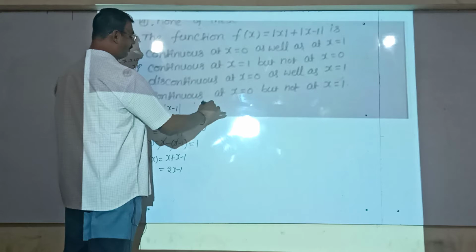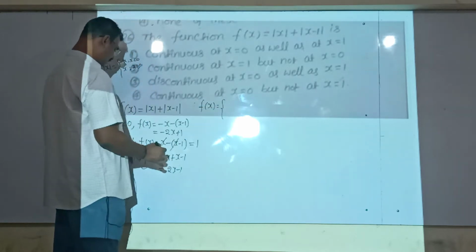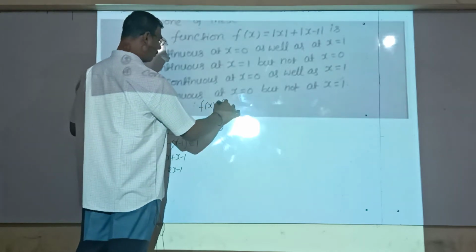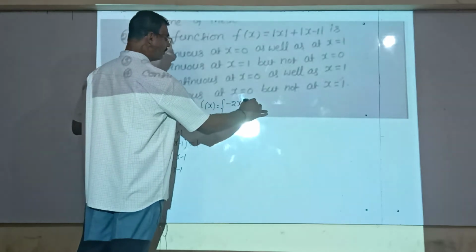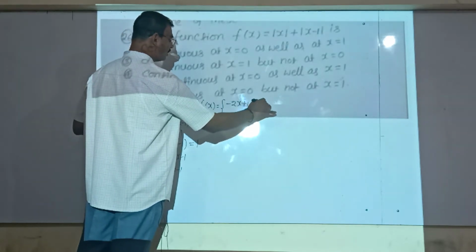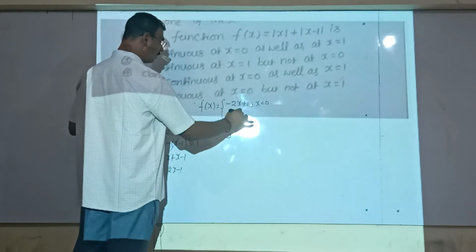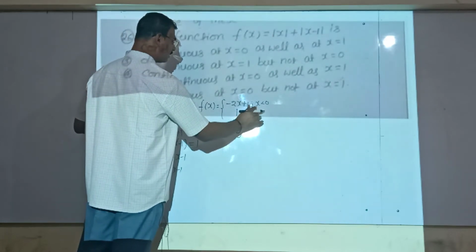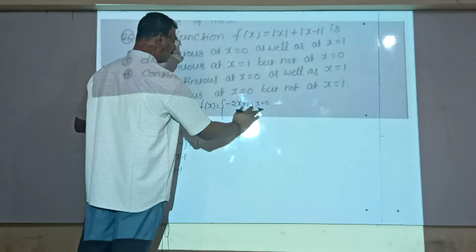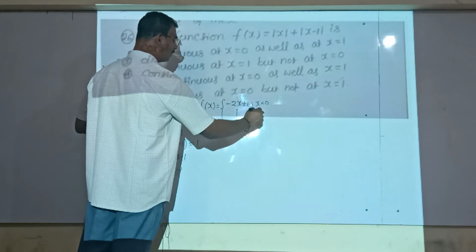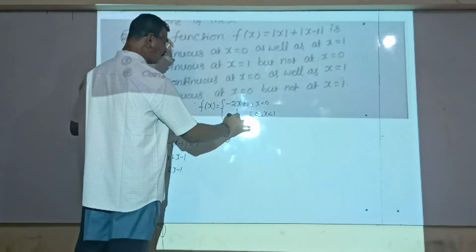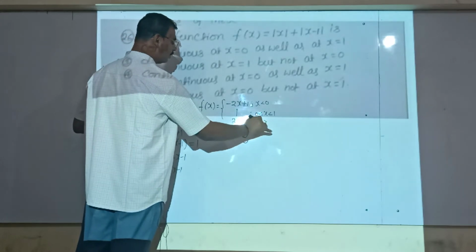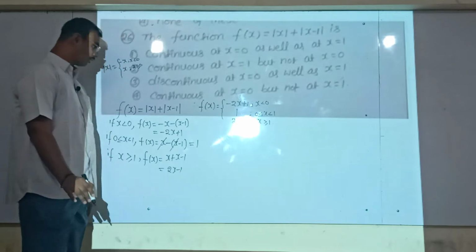Therefore, f of x is equal to minus 2x plus 1 if x is smaller than 0, 1 if x is between 0 and 1, that is 0 less than or equal to x less than 1, and 2x minus 1 when x is more than or equal to 1.